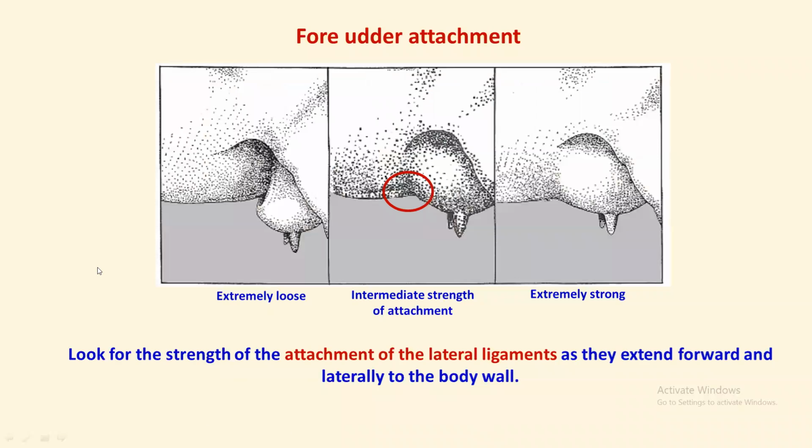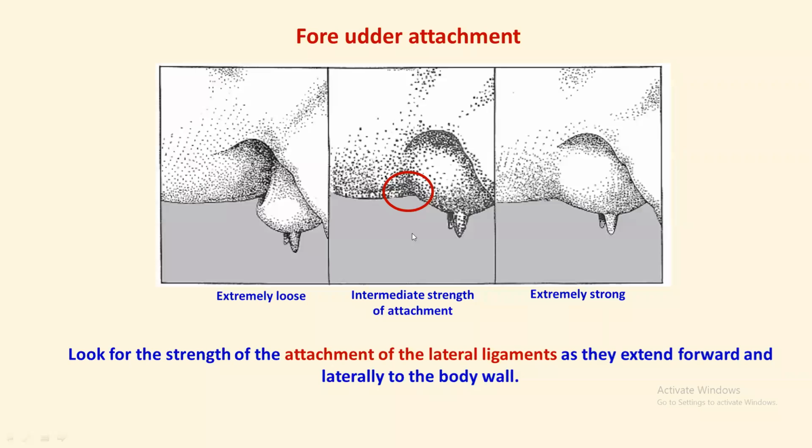Okay, fore udder attachment. Fore udder attachment, see, it is the strength of the attachment of the lateral ligament. The stronger the fore udder attachment, the better. The udder position and udder shape will be good. There should be a smooth attachment of the body wall and the udder walls.